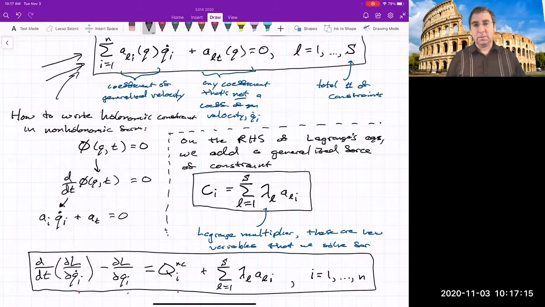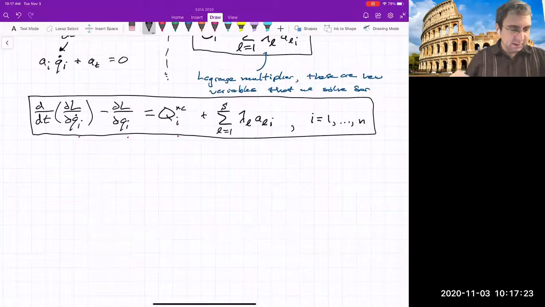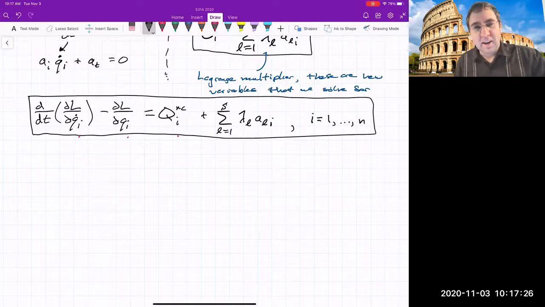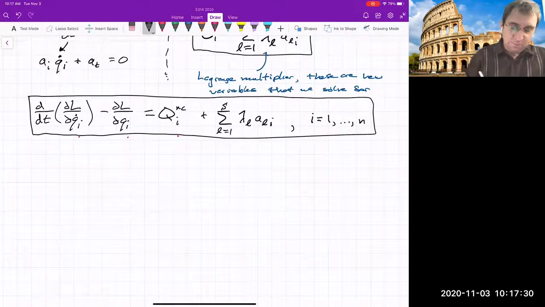Let's try it on an example, because this is abstract. I'm going to go back to an example I showed before. I really like the baton, but this baton isn't the one that's sliding off the wall.